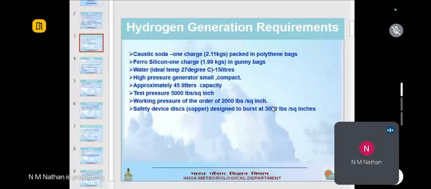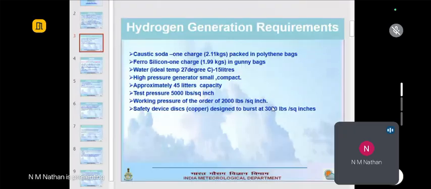These two things should be added in a cylinder. The cylinder capacity is about 45 liters, but you have to add 15 liters of water inside that 45-liter cylinder. Then you add roughly 2 kg of caustic soda, then roughly 2 kg, one charge, of ferrosilicon.